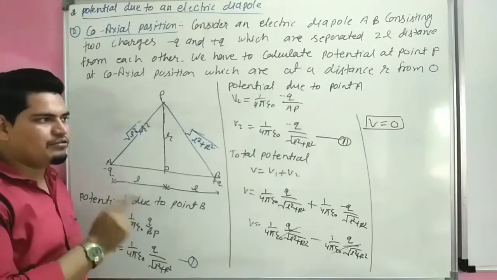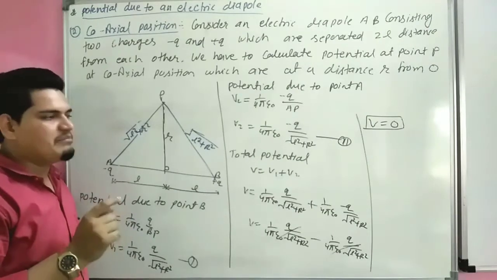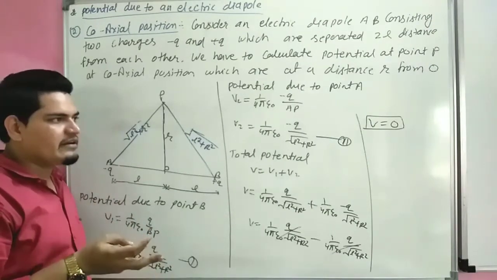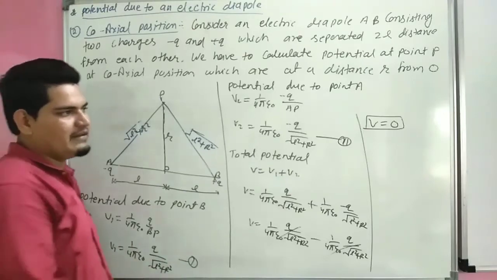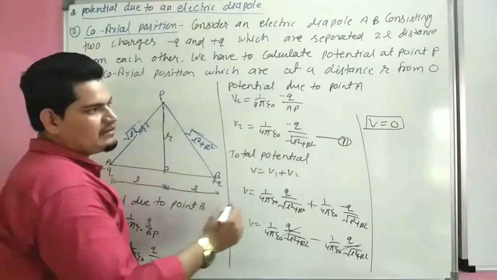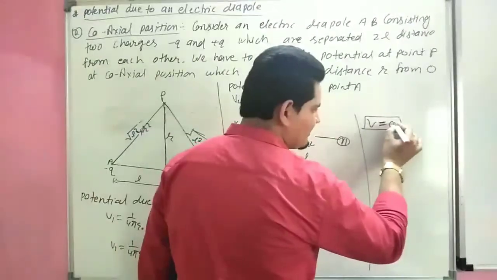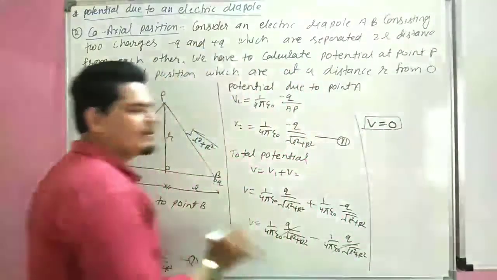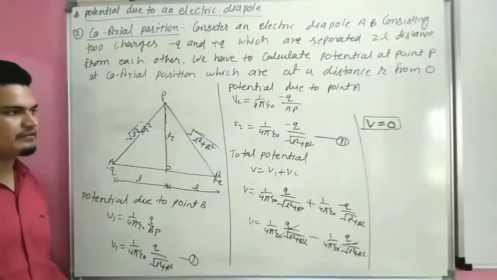This question is also asked in exams like MP Board, CBSE, NEET, IIT. This is very important. Potential is 0 for coaxial position in an electric dipole.